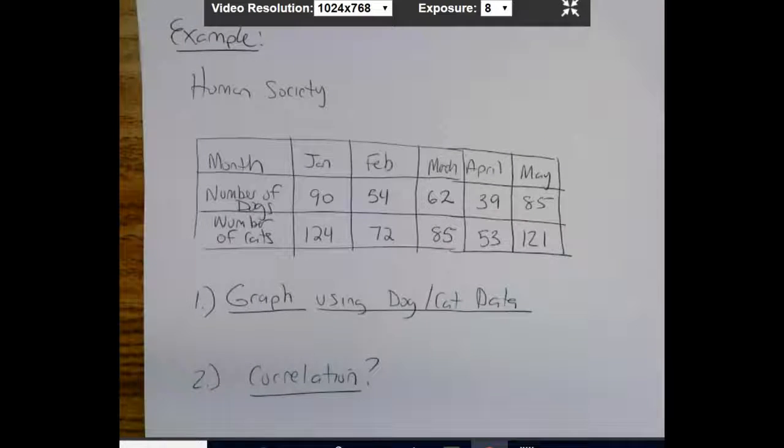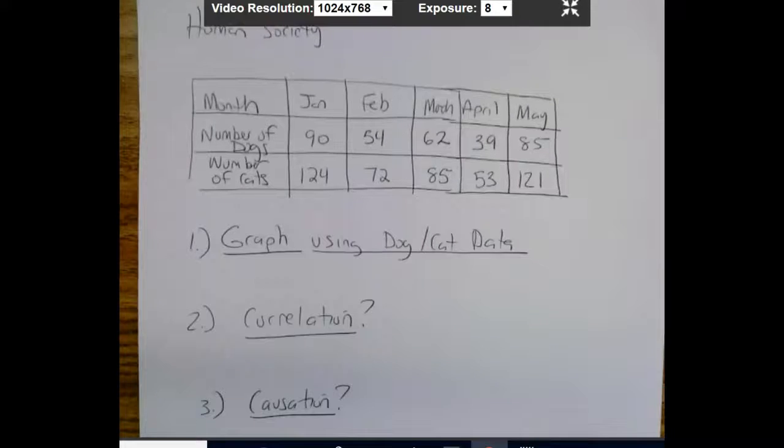Is there some kind of correlation that we can graph to see, and then ask ourselves, once we see there's a correlation, does one cause the other? So that's going to be our steps. We're going to take this data, graph it, see if there's a positive or negative correlation, and then ask ourselves about causation.